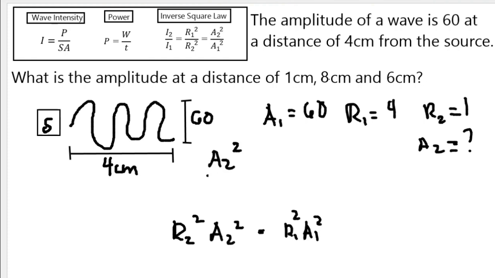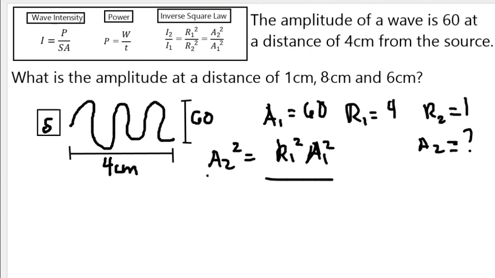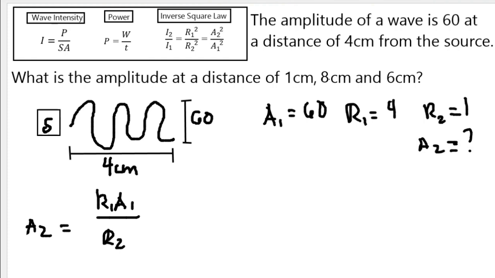So a sub 2 squared is going to be r sub 1 squared multiplied by a sub 1 squared, all divided by r sub 2 squared. If we take the square root, all of the second powers will cancel. So we got this. Now we can plug in everything that we know.